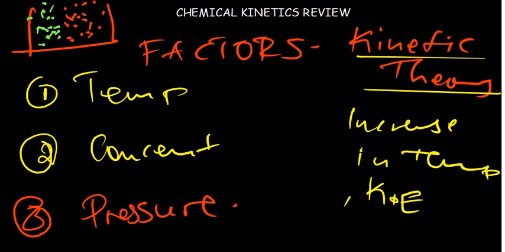And if you're moving more, what does it imply? It implies that there will be more collisions. I'm sure through the experience you have, you are able to tell that the faster I move, the more likely I am to collide with someone. So make sure you connect all this to the kinetic theory and the collision theory. Very simple also.